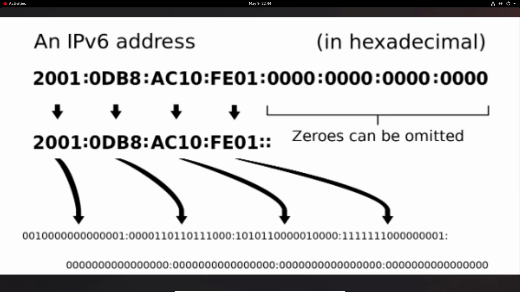So IPv6 is 128 bits, so it's much larger compared to the 32 bits of IPv4, and it also uses hexadecimal numbers. So that's the numbers 0 through to 9, and then A through to F. That gives you more information it can store inside the IP address.